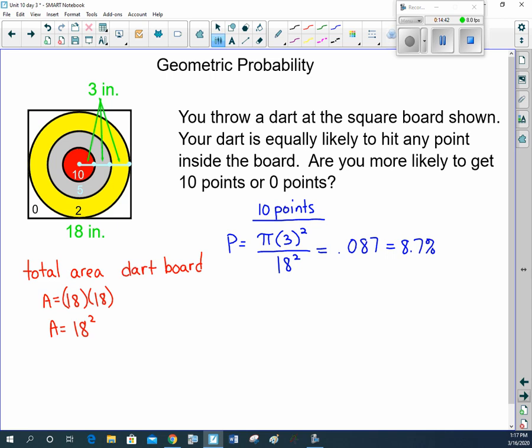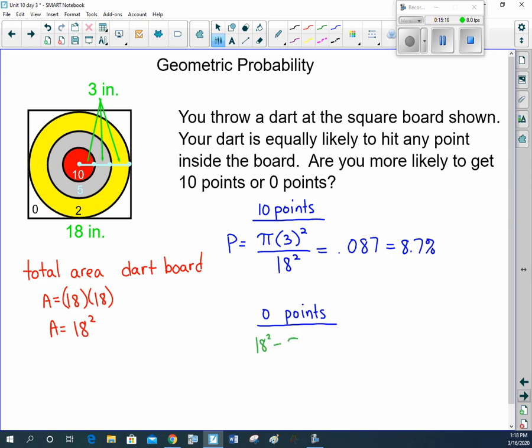Okay, now we need to figure out what's the probability of getting 0 points. Okay, so 0 points, it looks like to me is a little bit harder to calculate, but remember the 0 points is the white stuff. So to get the white stuff, I think I would take the square and minus the area of the biggest circle. So the biggest circle would have a radius of 9. So what I'm looking for is the square minus the biggest circle.